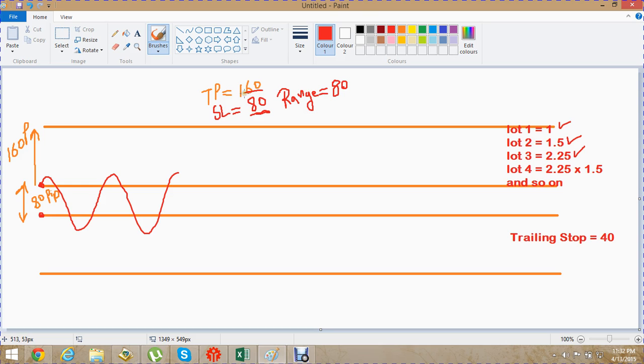Basically what you have to do is find out the range that the currency changes every day. You have to find out the average true range of the instrument you are going to use it with, and then decide your take profit, your SL, and your range according to your instrument.